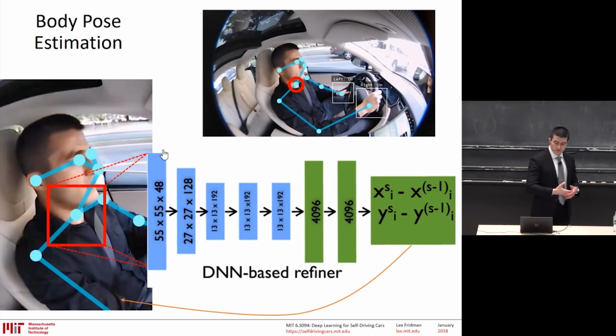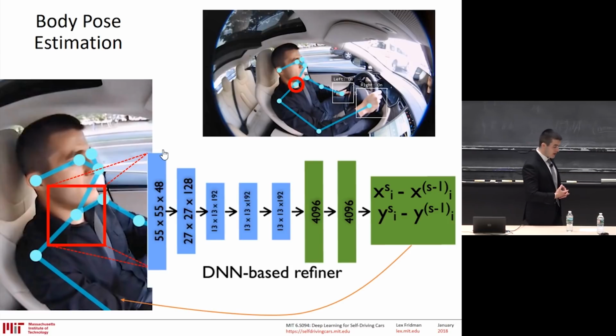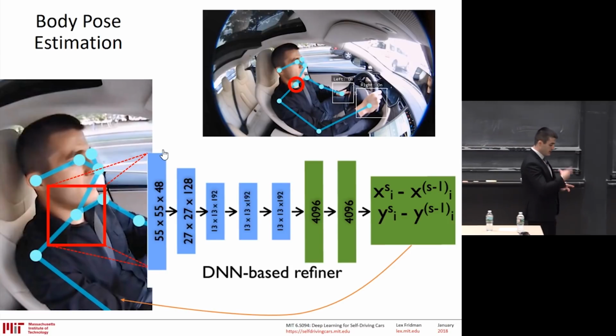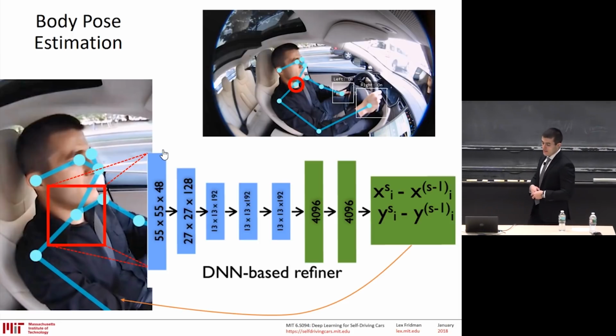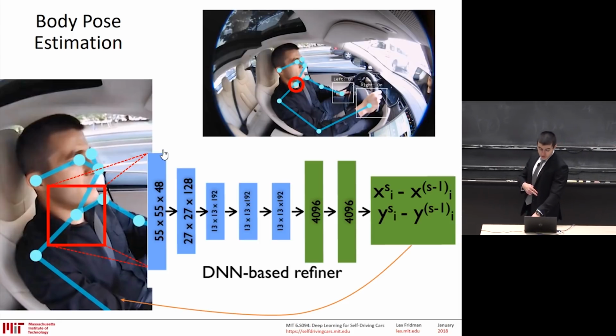We use this approach for detecting the upper body, specifically the shoulders, the neck, and the head, eyes, nose, ears. That is used to determine the position of the driver relative to the standard dummy position.